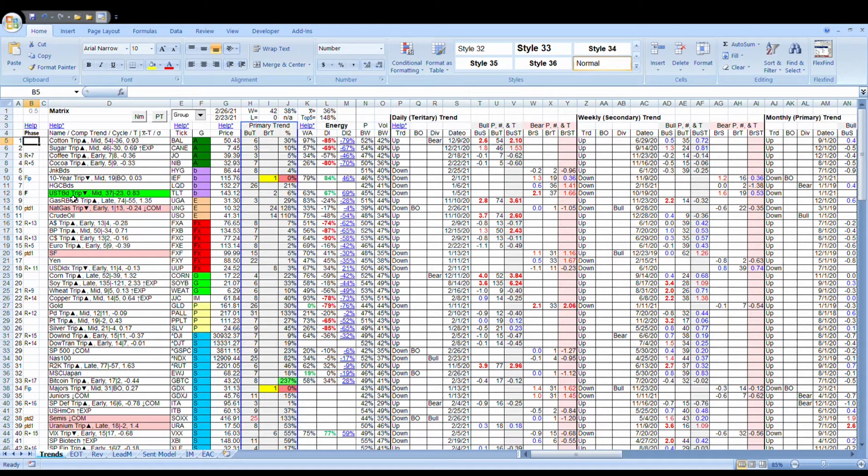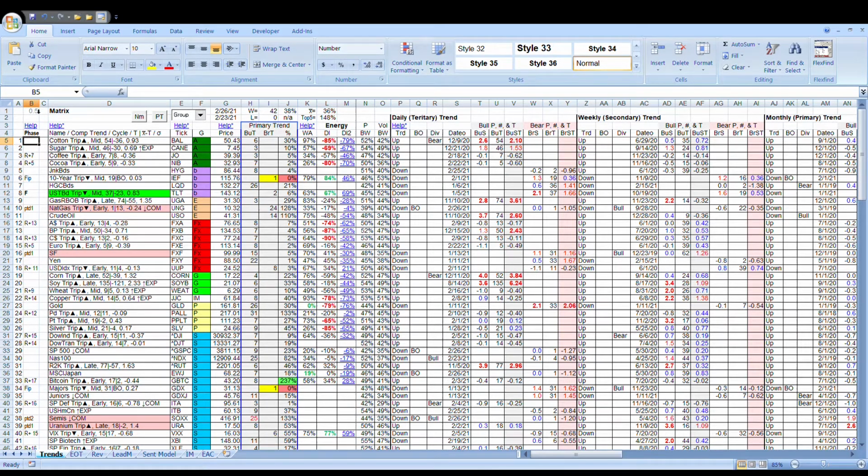We're only interested in following the invisible hand, and that can only be accomplished by following the primary trend, by following price cycles, by following time cycles, and by following energy here. And within that, it'll remove your emotion, it'll remove your ego, it'll remove your thought process, and it'll help you better follow the invisible hand.